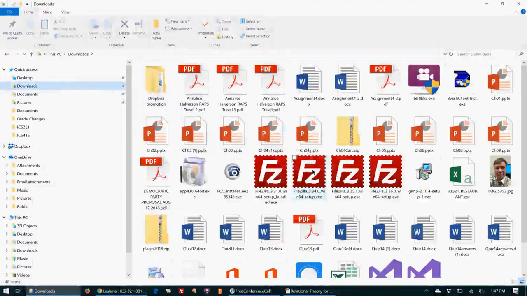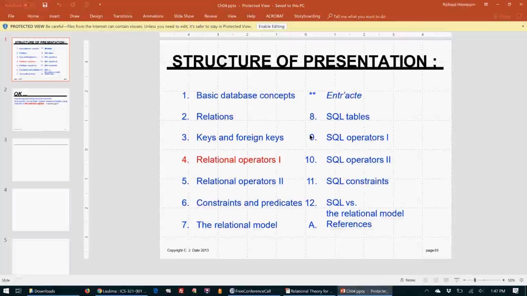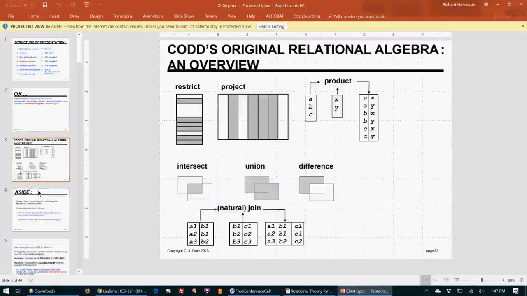Chapter 4. I bet you this is it. Yeah. Okay, so we've covered these. We looked at this last time.